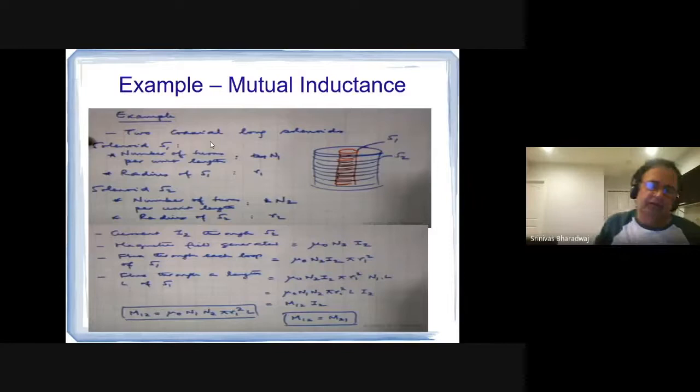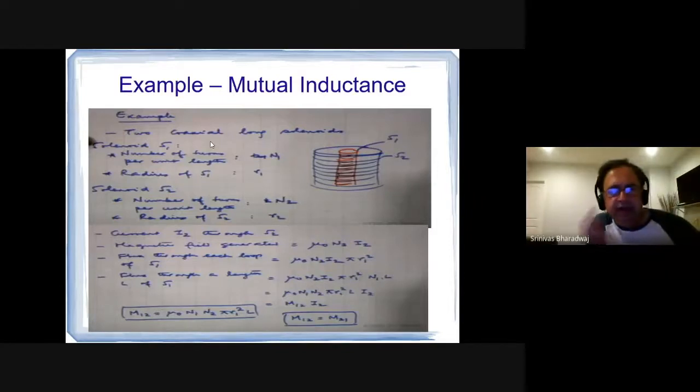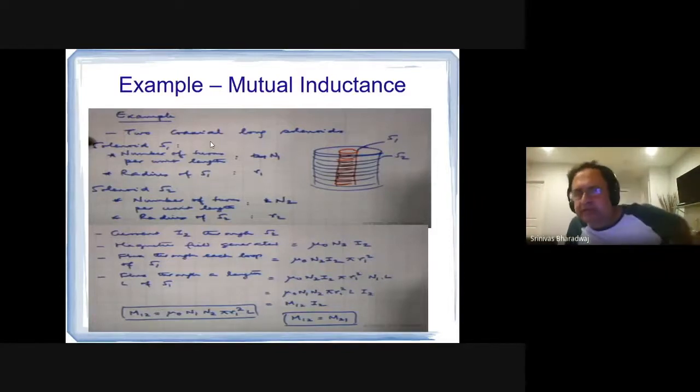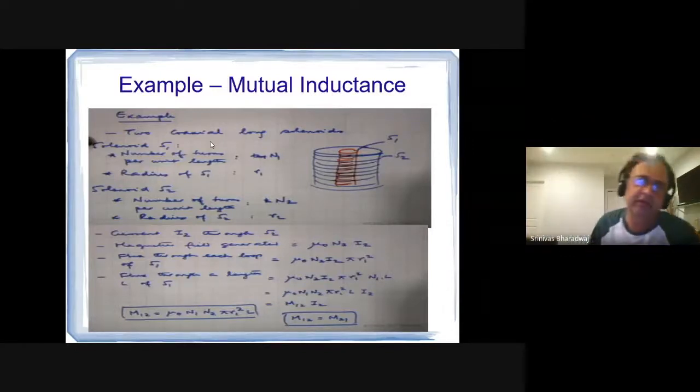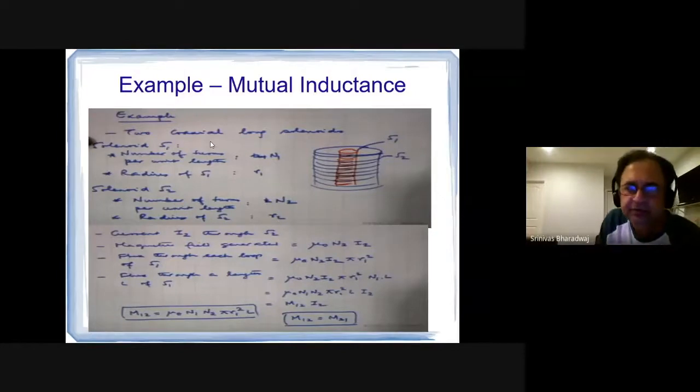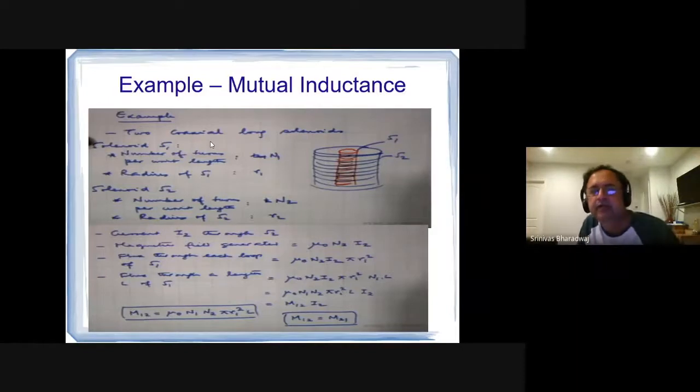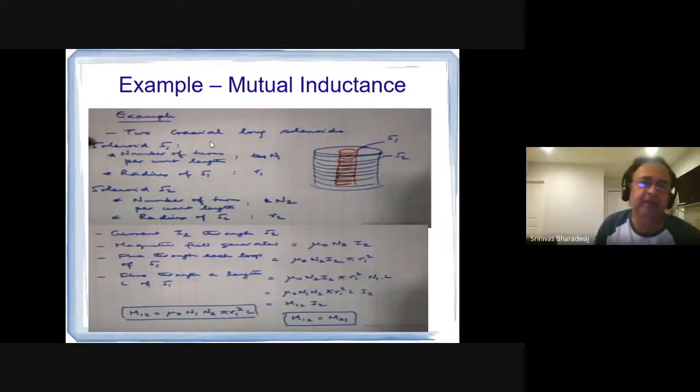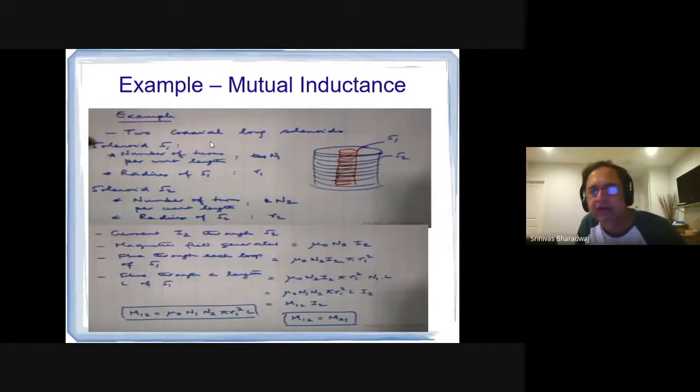In a transformer, they wind one loop and a second loop. You pass the current through the first loop, and the second loop receives a voltage. The ratio of the number of coils determines whether it's a step up or a step down transformer.